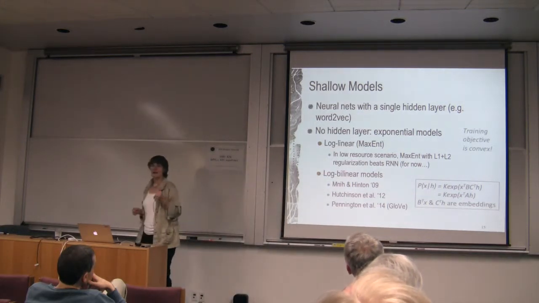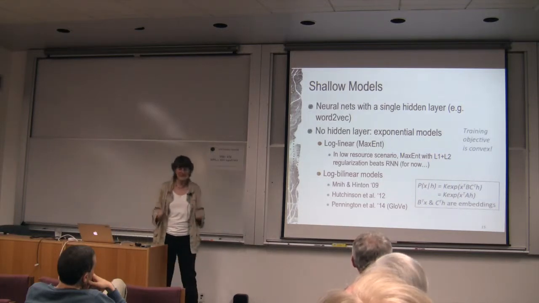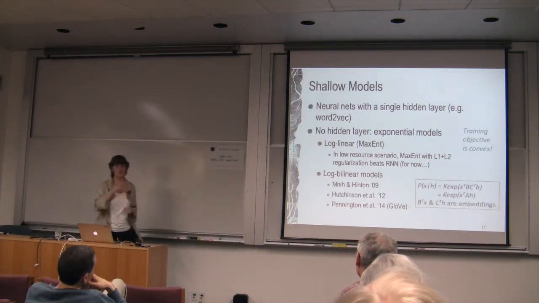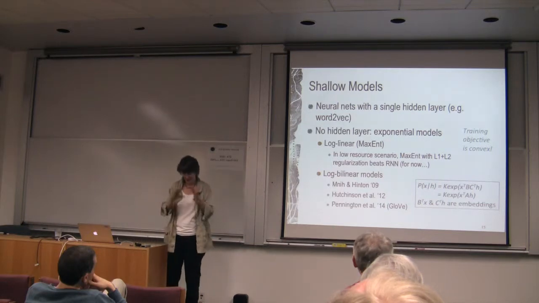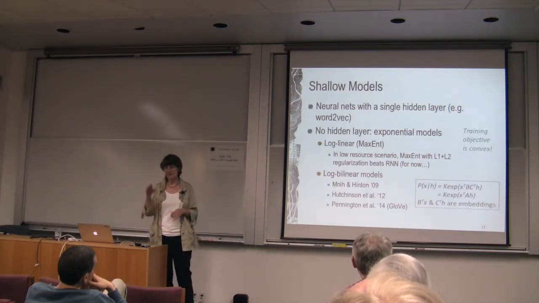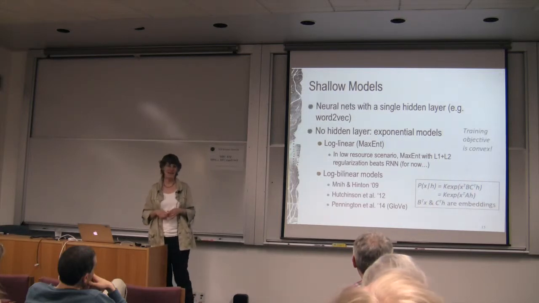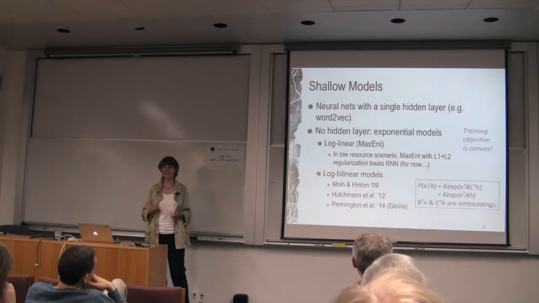I should point out that most recently, one of my grad students, who's really good and has gotten fabulous results, was trying an experiment with neural nets, and he said, well, we have to do this baseline. So he did this maximum entropy baseline, and if you're going to do it right, you have to do regularization.